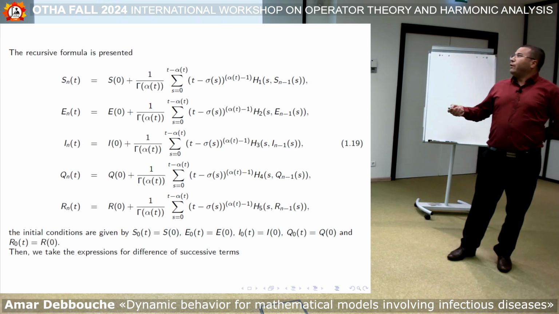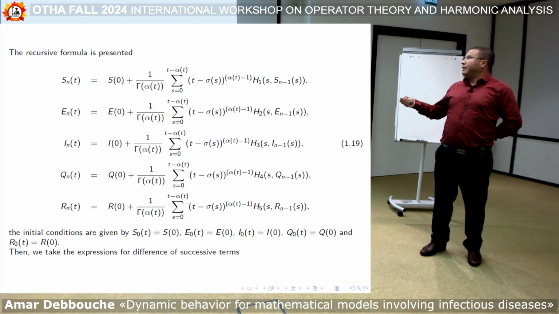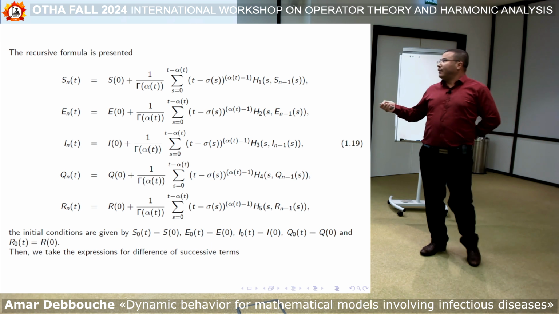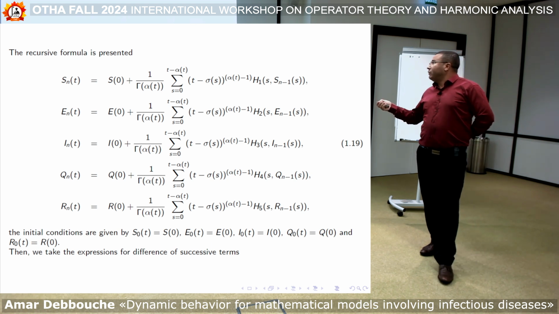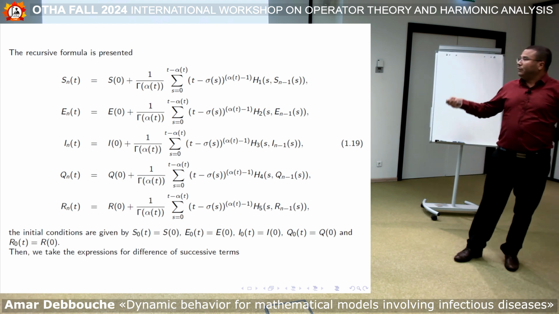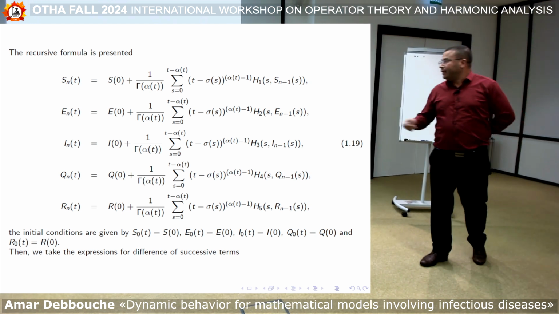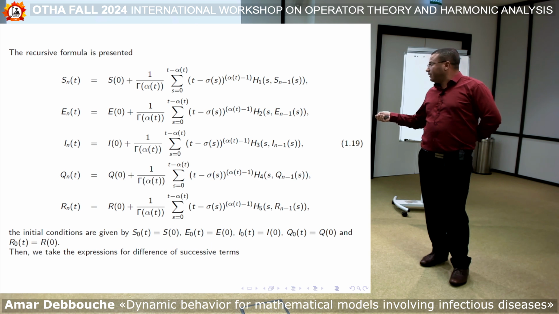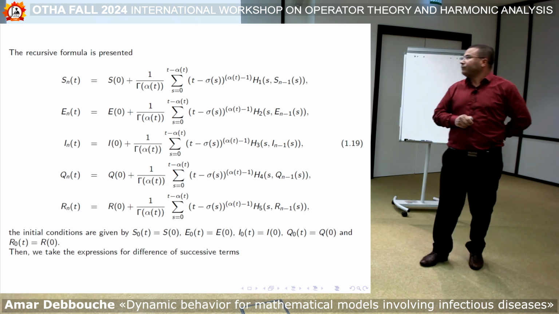Now we use the following recursive formula with this form. So Sn here is in terms of Sn minus 1, and we continue with all equations, and we use these initial conditions.